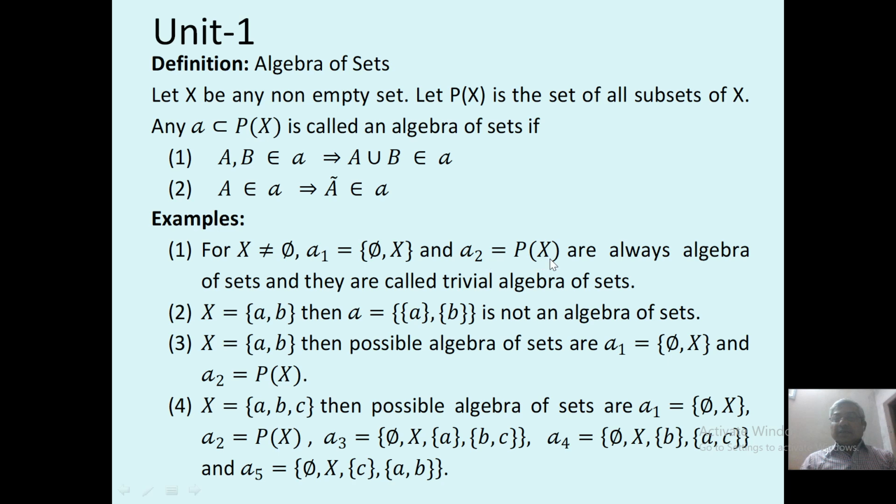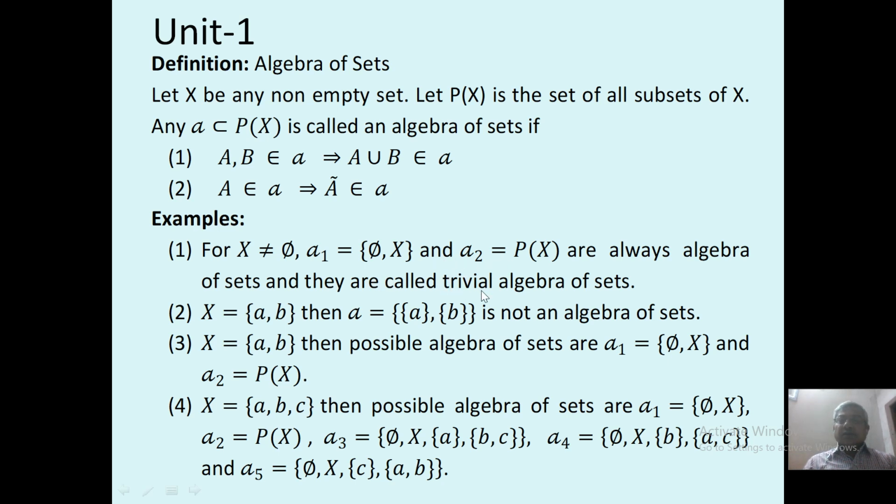Similarly, if you consider script A2 equal to P of X itself, that means the set of all subsets of X, then obviously if A and B belong to script A, then A union B is again a subset of X because A and B are subsets of X. Power set of X contains all subsets of X. So A union B also belongs to A2, and complement of A is also a subset of X. So again it is a member of P of X. So obviously A1 and A2, if we take A1 equal to phi and X and A2 the power set of X, then both are always algebra of sets.